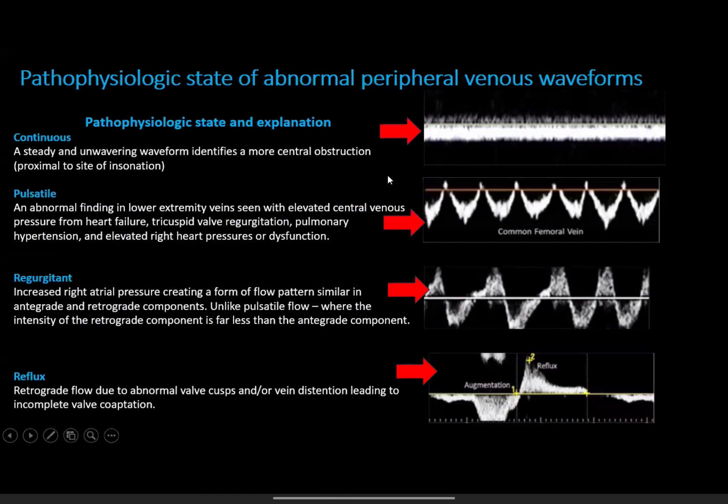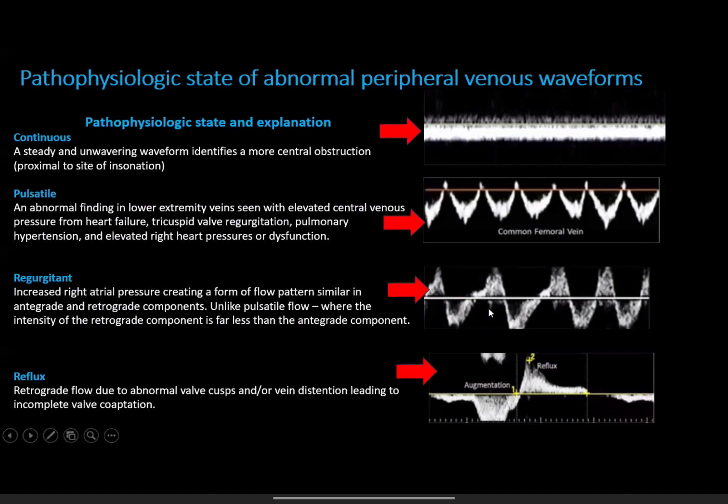When the flow is pulsatile in the femoral vein, it is an abnormal finding in the lower extremity when there is elevated central venous pressure. There are certain conditions in which we can see this type of pulsatile pattern: right-sided heart failure, tricuspid valve regurgitation, pulmonary hypertension, and any condition causing elevated right-sided pressure or dysfunction.